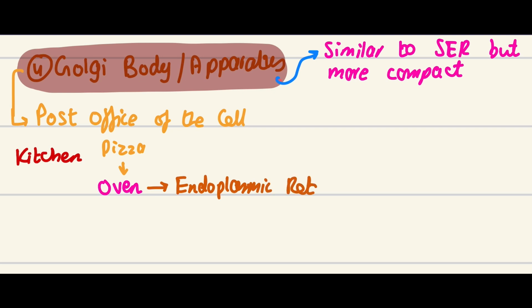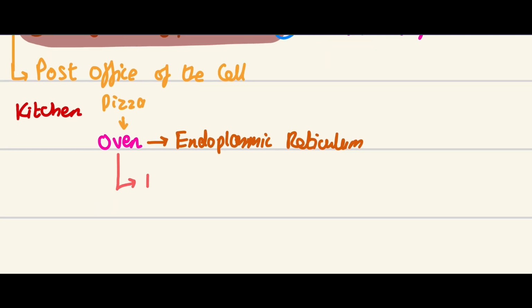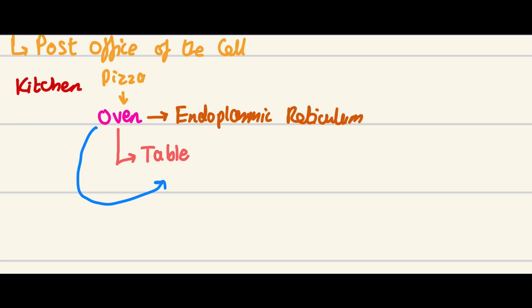The pizza is being made in the oven, but before it leaves the oven and gets brought out to your table, it has to undergo some form of modifications. In the example of the pizza, we're going to drizzle some olive oil on it, or cut it, all of those things. So we need these modifications happening, and these modifications are basically the Golgi body.